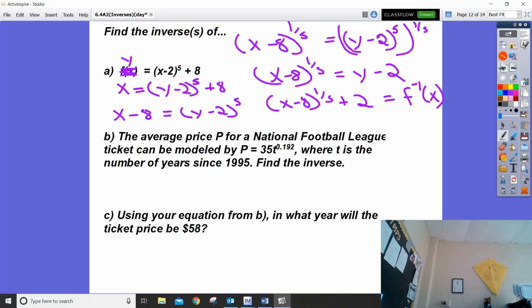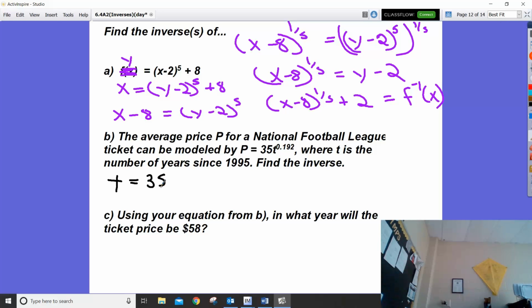No, that's not too hard. The inverse here, we're not using x's and y's, we're using P's and T's. So just swap them. So P becomes T, and T becomes P. Now, isolate the P, because the goal is to solve for the price, right? So what are you going to divide out? 35.